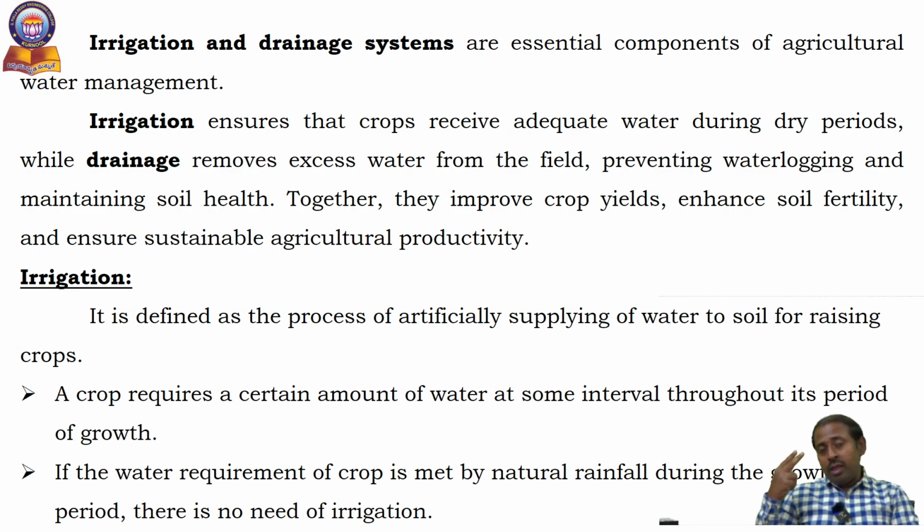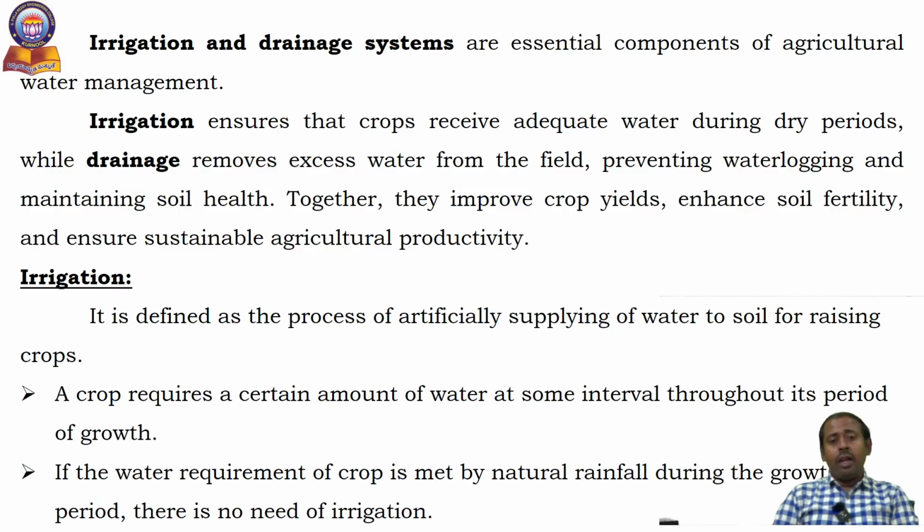So when these two things are successfully maintained in the agriculture field, then they can improve the crop yields, enhance the soil fertility, and ensure sustainable agriculture productivity. The agriculture productivity is also in high quantity. So this is the introduction to the irrigation and drainage system.